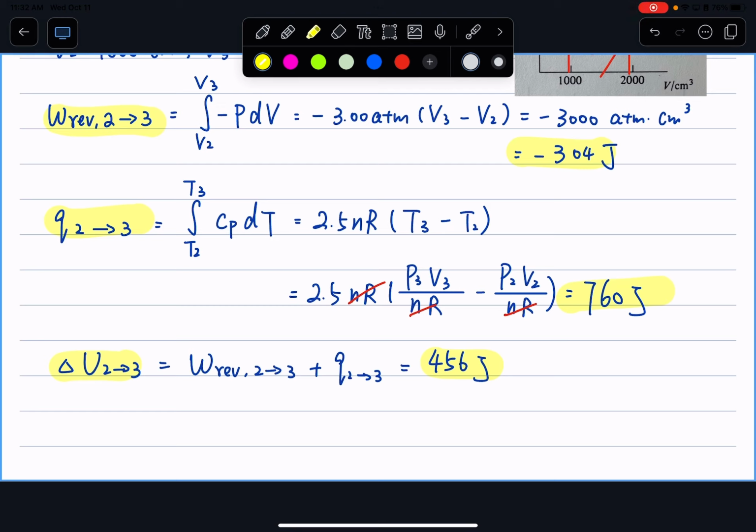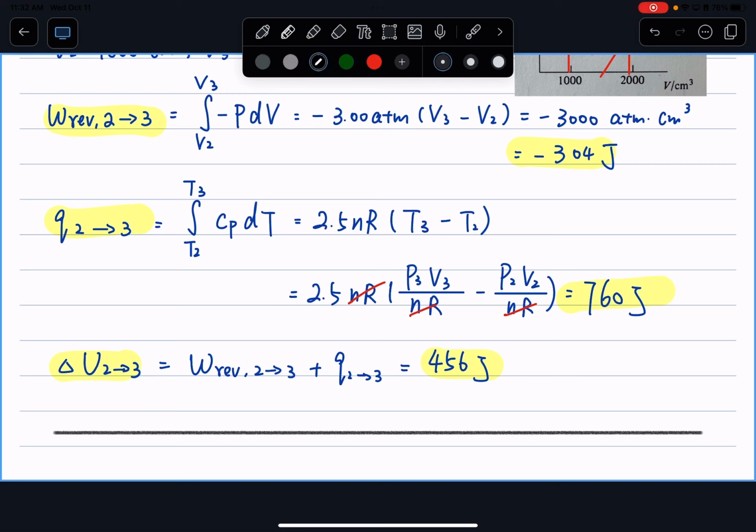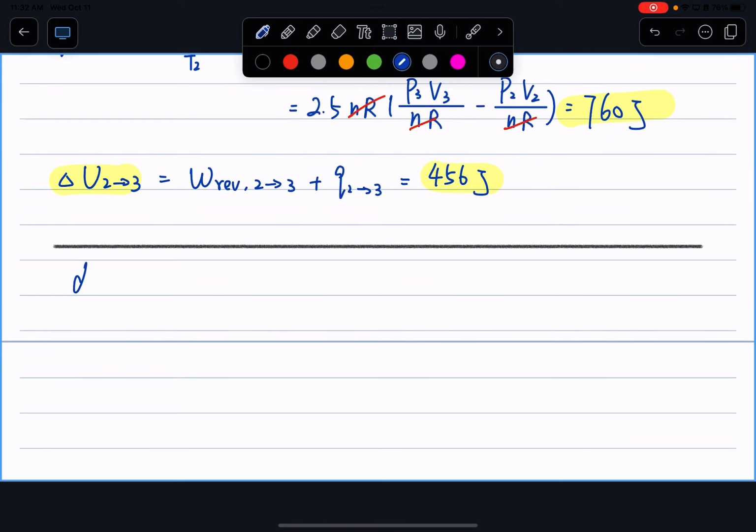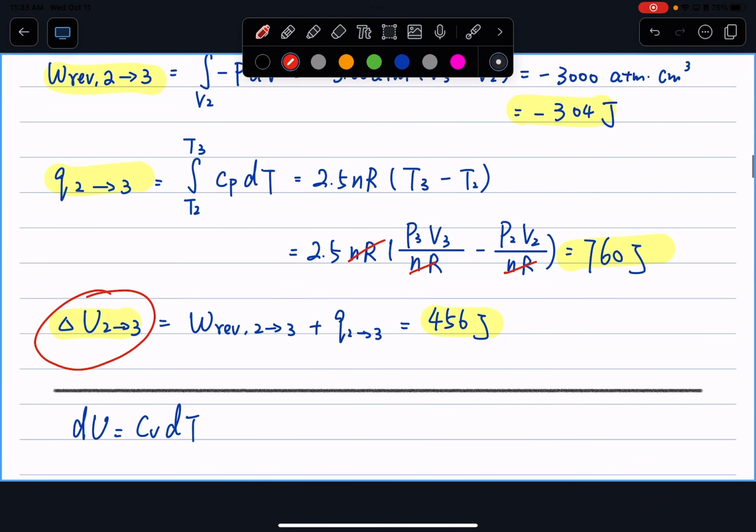And some of you might ask, because we have ideal gases and we have our relationship of dU equals Cv dT, can you calculate this delta U 2 to 3 using the Cv dT? And the answer is yes. You can try it out and see if you get the same answer. That's a nice thing about thermodynamics, about this class, is you can always check your answer using different ways to approach the same problem. So you know you get it right, or you know you get it wrong somewhere.